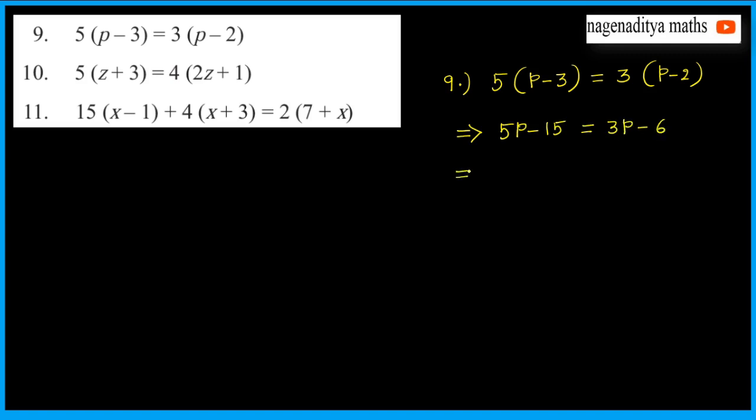If you bring the p terms on one side, 5p minus 3p is equal to minus 6 plus 15. This implies 5p minus 3p is equal to 2p. So 2p is equal to 9. Okay, minus 6 plus 15 is 9. This implies p is equal to 9 by 2.